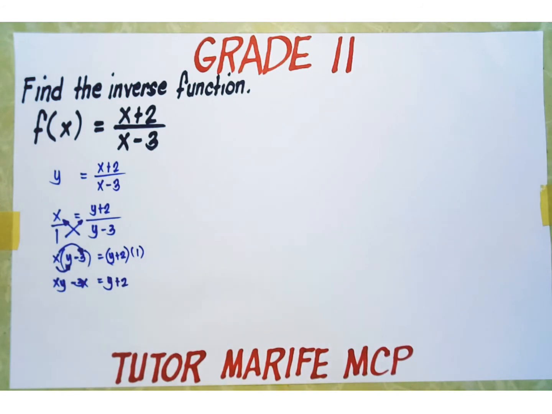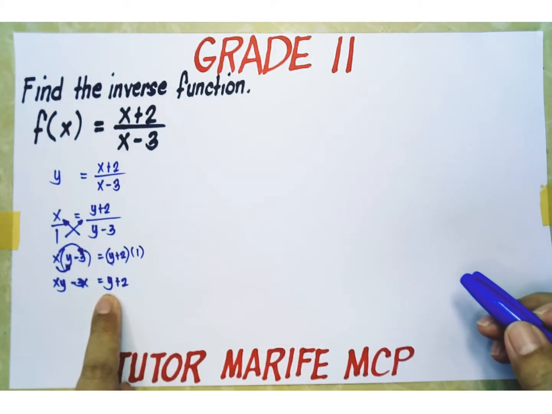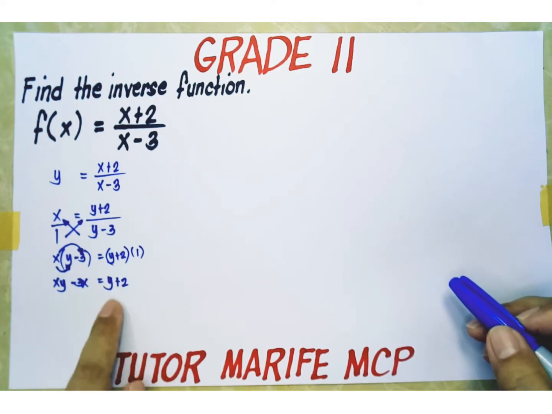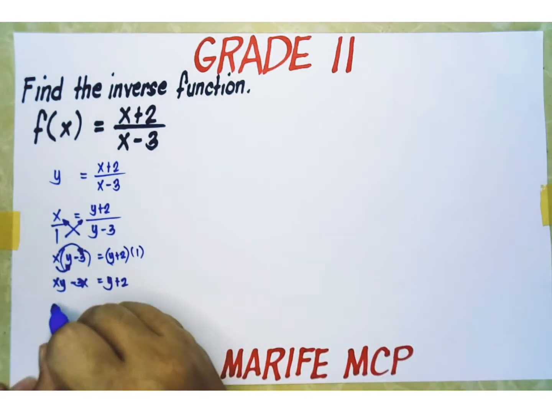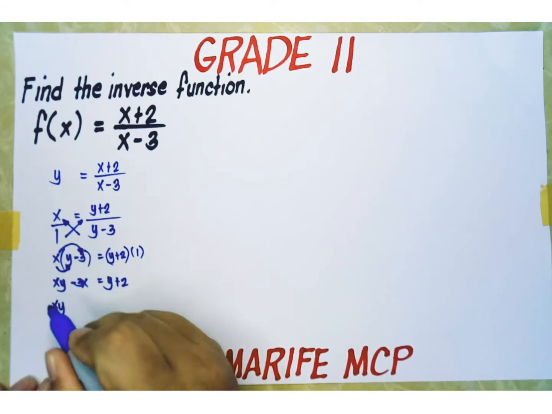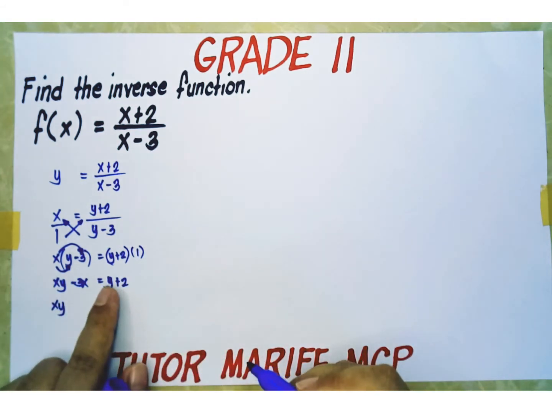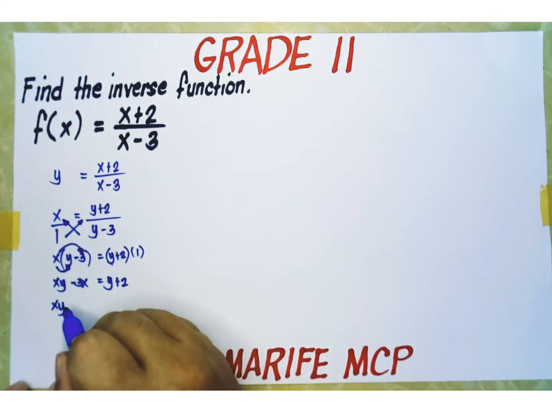Next, we collect all the terms containing y on one side and collect all the other terms not containing y on the other side. Okay, so we have a y term on the right side. We transpose it to the other side. And when we transpose, we have to change the sign to its opposite.